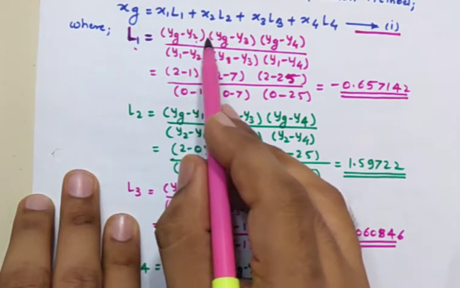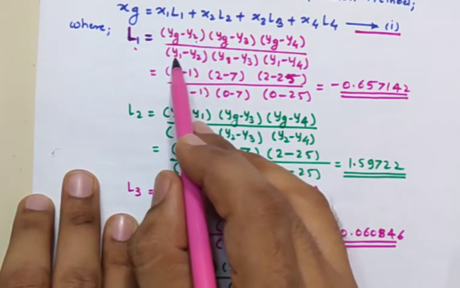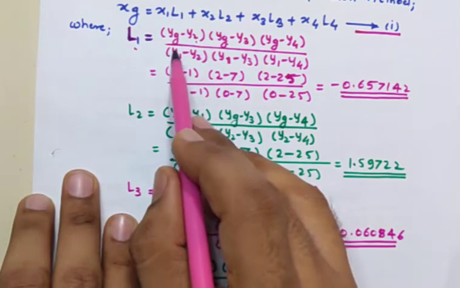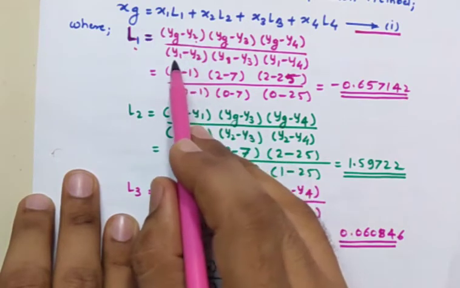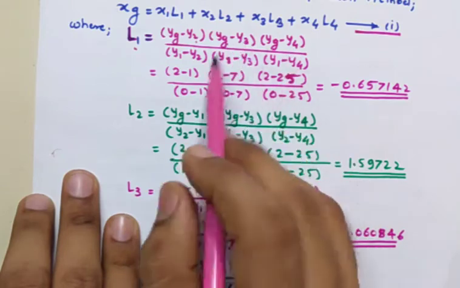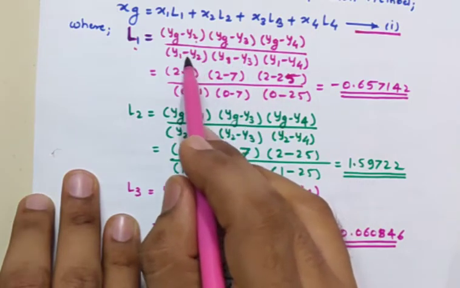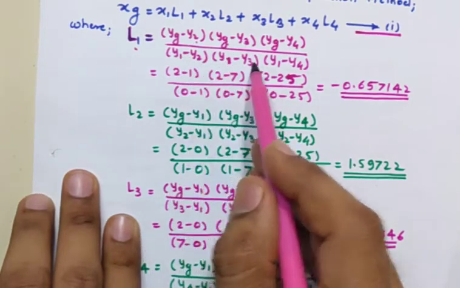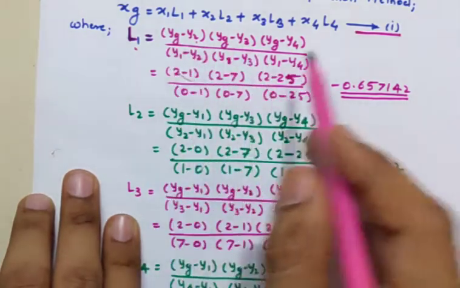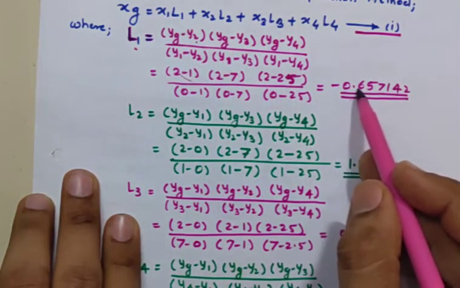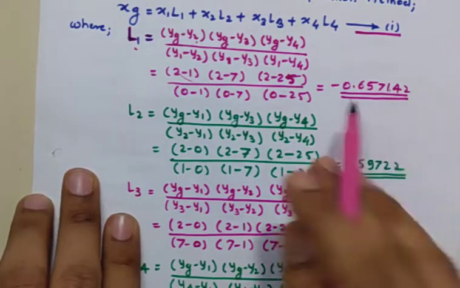The term excluded in the numerator we observe in the denominator, that is y1, and we take the difference of that y1 value with the remaining values of y: y1 minus y2 into y1 minus y3, y1 minus y4. Now putting the values of y, you will get the L1 value as minus 0.657142.